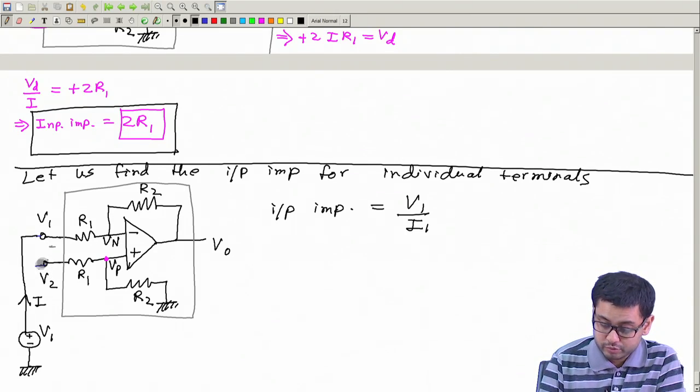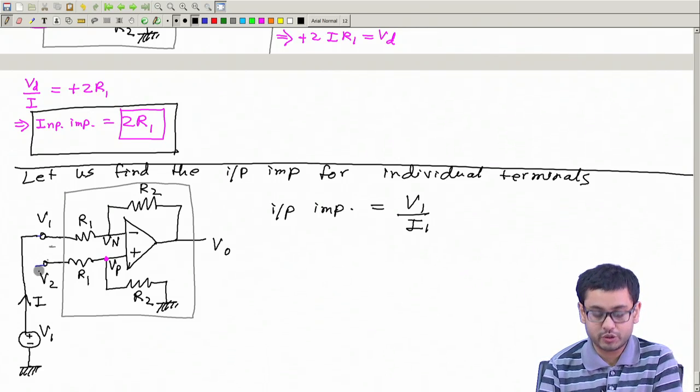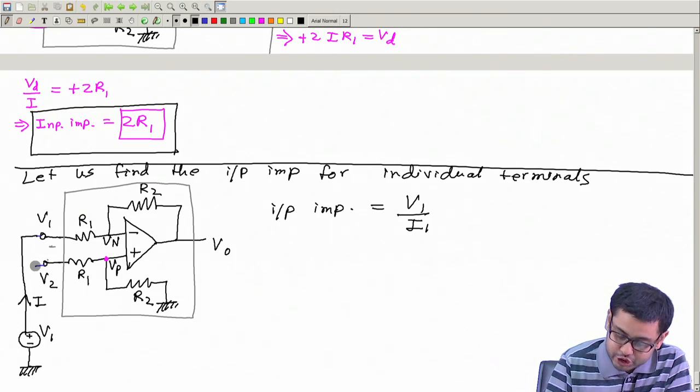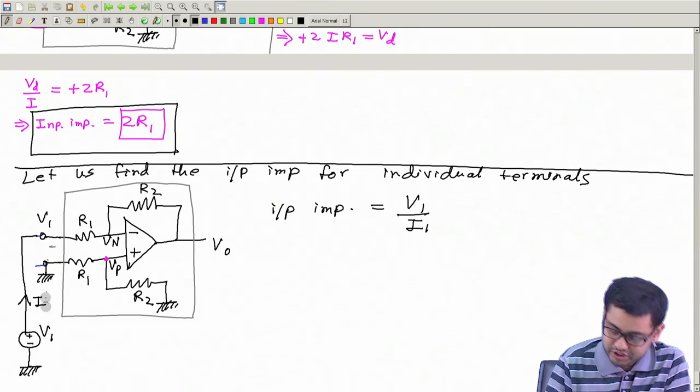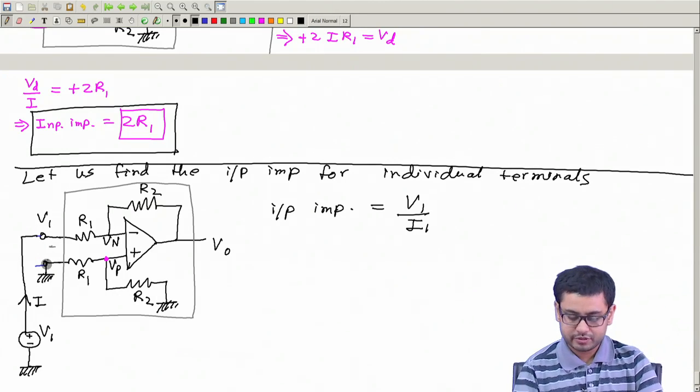What should I do to this terminal V2? I should apply no voltage to it, or I should apply 0 voltage to it. Okay, so that's the rule. So this is also connected to ground.